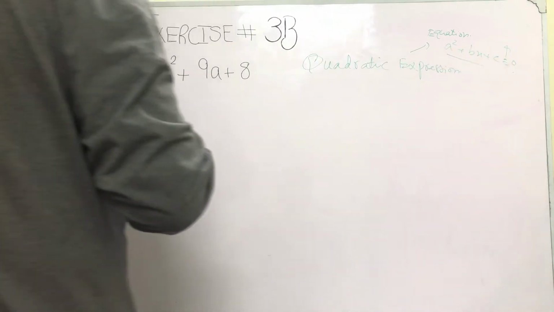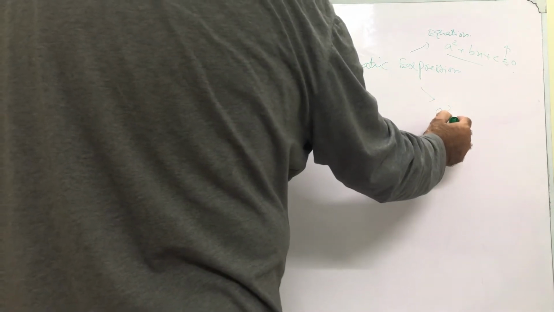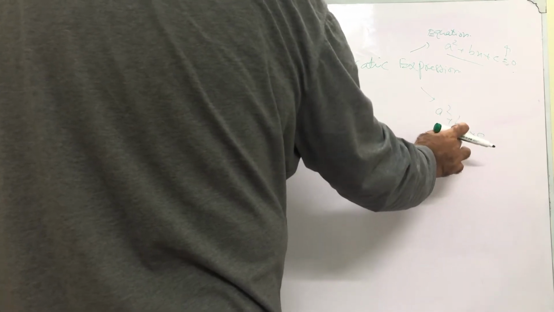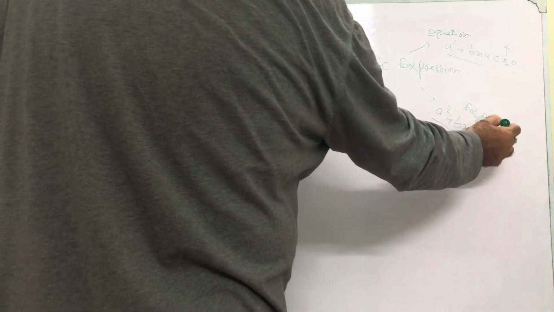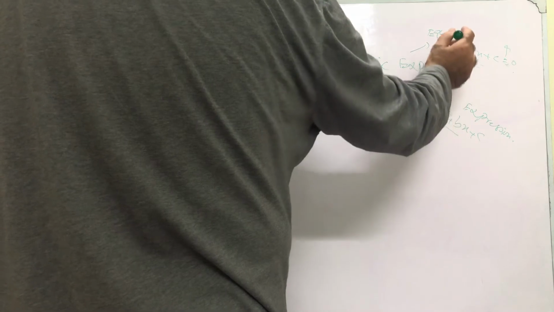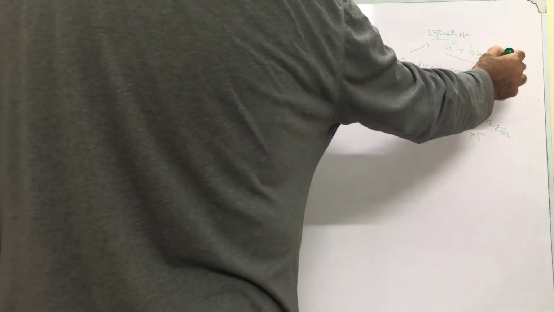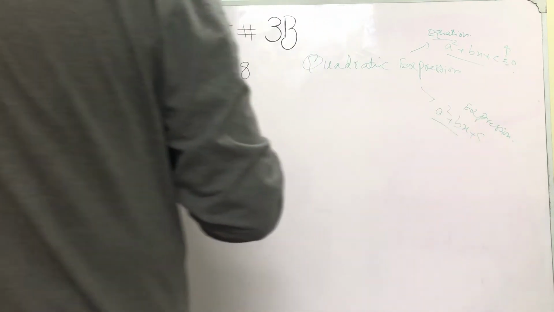But what is an expression? If there is no equal sign, ax square plus bx plus c, so this is called an expression because there is no equal sign in this. So this is the difference between an equation and an expression. An equation always has an equal sign and there is no equal sign in an expression.